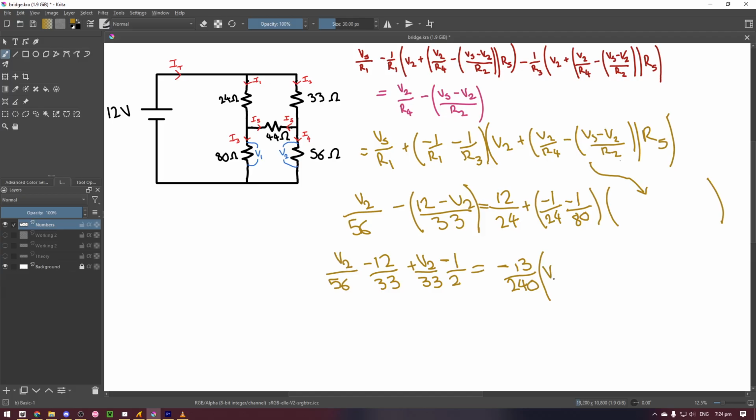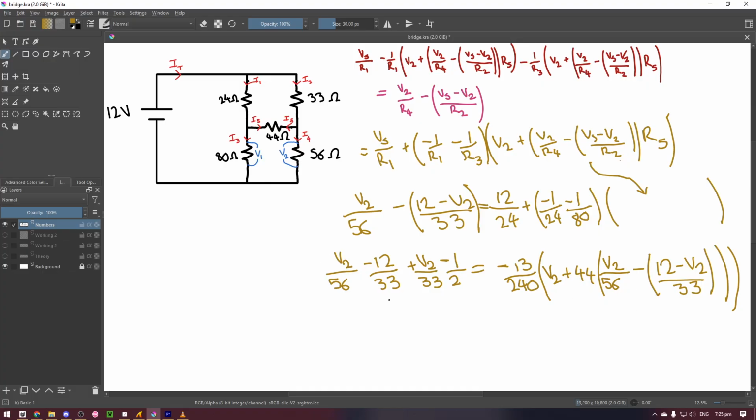So we have V2, because we still don't know what that is, plus, and I'll put R5 at the front because it is easier, so 44 times V2 over 56 minus 12 minus V2 over 33. The next thing we can do is expand all of these brackets and add these together.